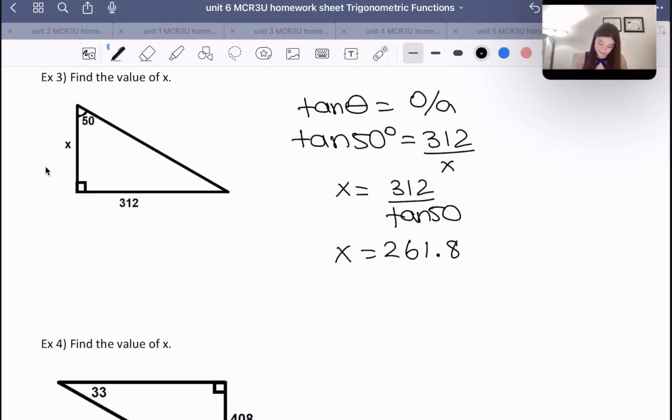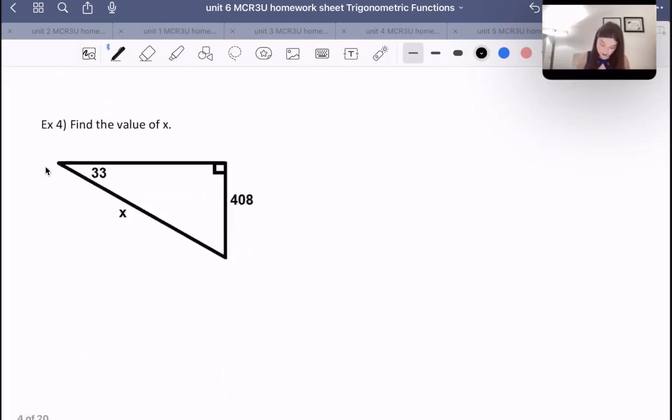All right. Let's move on to example 4. Example 4, we have this angle is 33 degrees, and we would like to know what is x. So we need to find the hypotenuse, and we have the opposite. We don't have or need the adjacent. So we need to use a ratio that we haven't used yet, and that has opposite and hypotenuse.